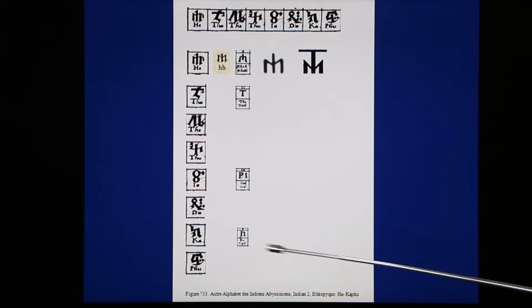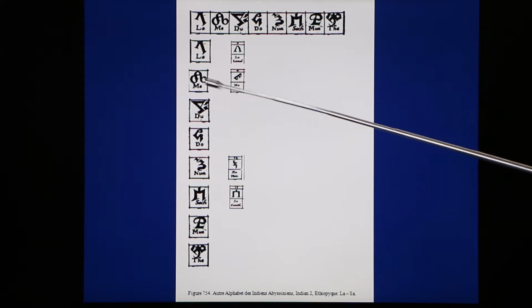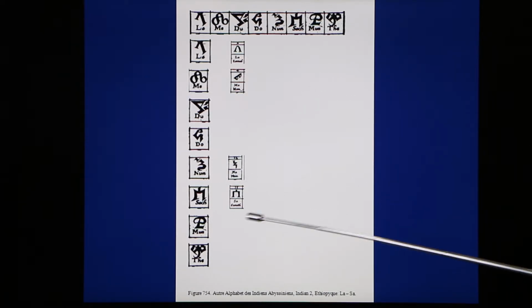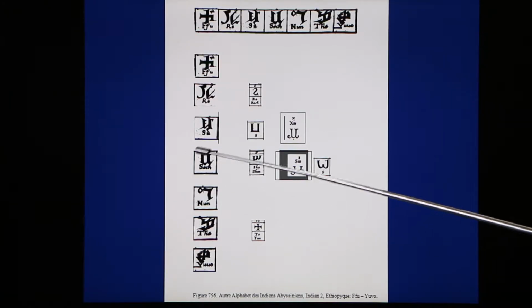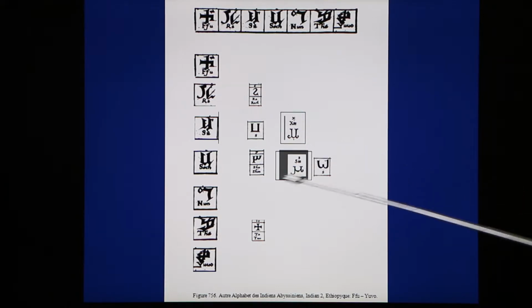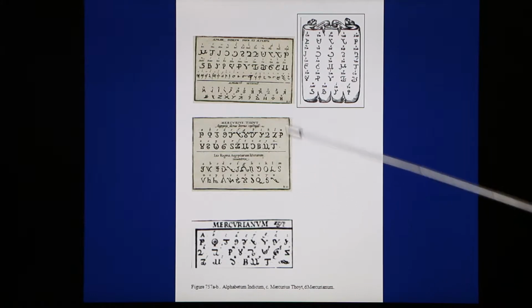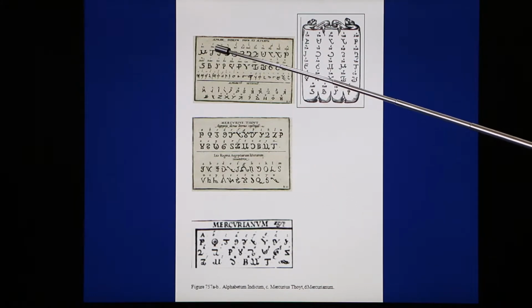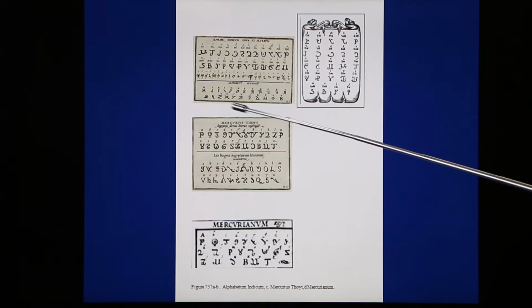And as I say, this is not for great pleasure. It's more a reference section. And sometimes the letters are complete copies, and other times there's quite a bit of variation. So now this is autre, so the alphabet Indicum unum et alterum, so there's two versions.